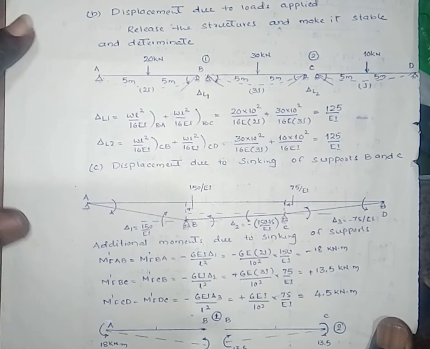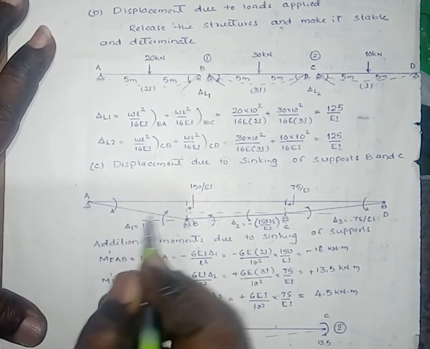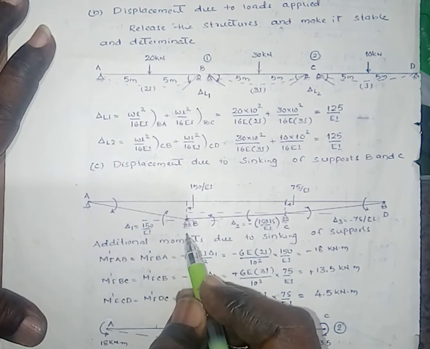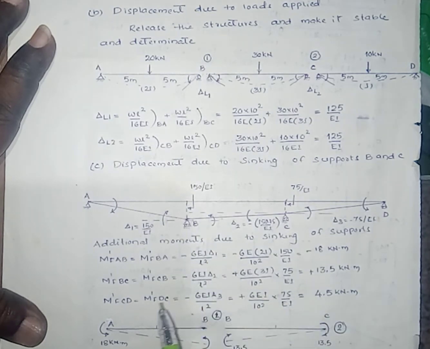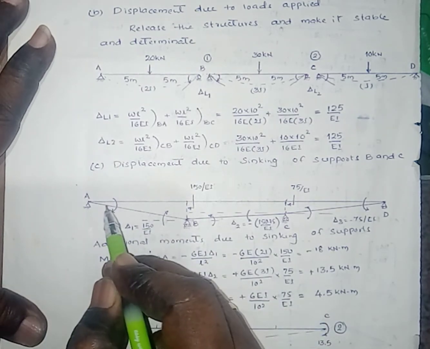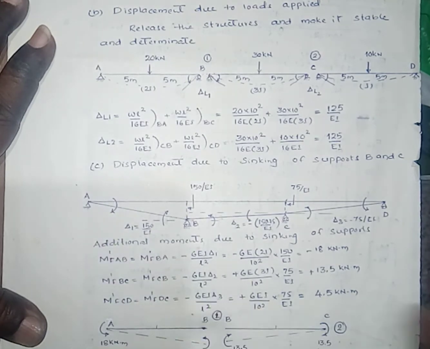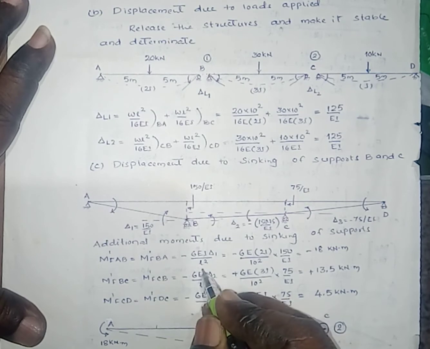Here, by observing this diagram, the relative settlement of B with respect to A: B is settled down by an amount of 150 by EI. With respect to the horizontal, the rotation is clockwise, hence delta is positive, then that is minus 6 EI delta 1 by L square.